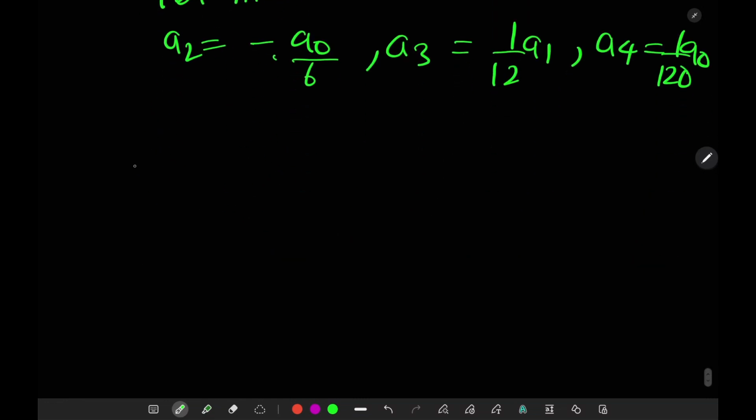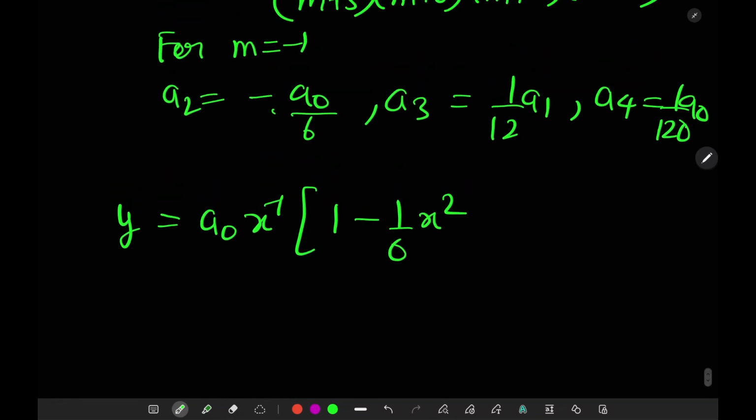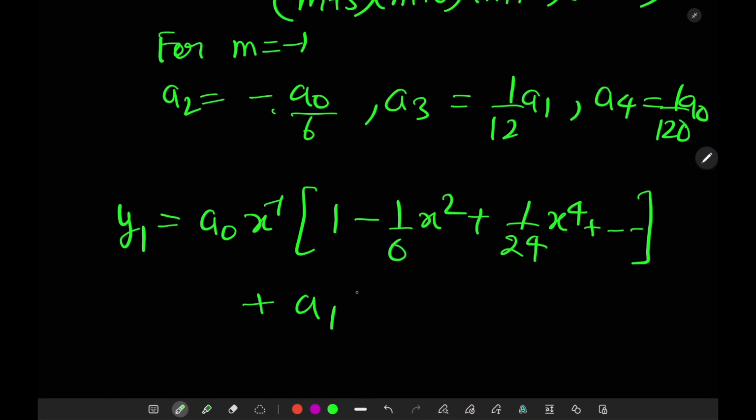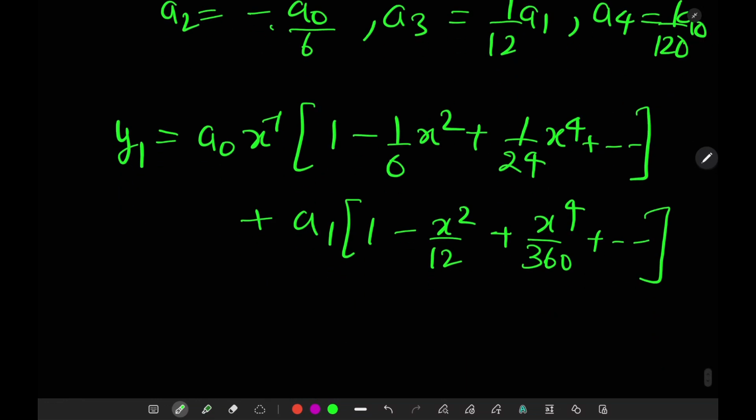So we can write here y is equal to a naught x raised to power minus 1 for m equal to minus 1. So this is y1 plus a1 1 minus x square divided by 12 plus x raised to power 4 divided by 360 up to so on.